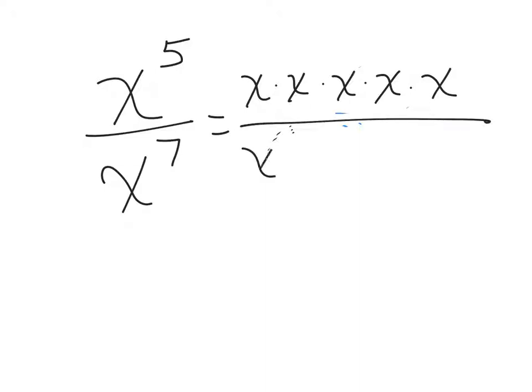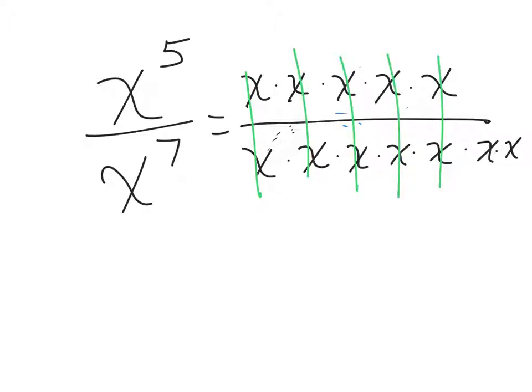Dividing that by x to the 7th, there's x multiplied 5, now 6 and 7. You guys see where I'm probably going with this. Remember, when you have the same numbers on the top and the bottom, they will cancel each other out. So those first 5 x's will all cancel each other out. And you can see what ends up happening here. I end up with nothing on top, but I do have 2 x's down there in the denominator.